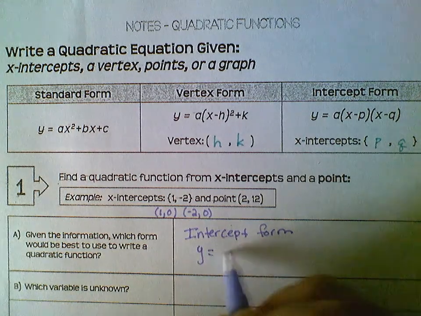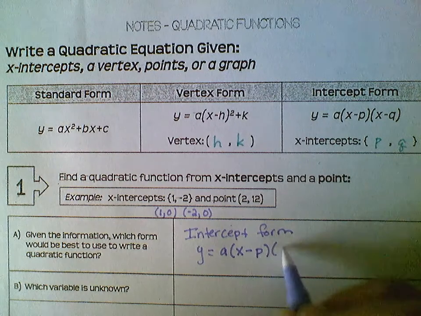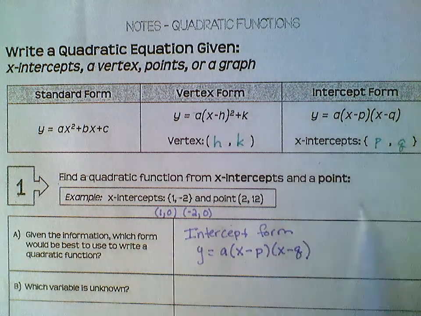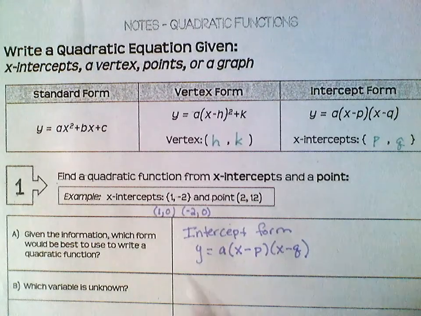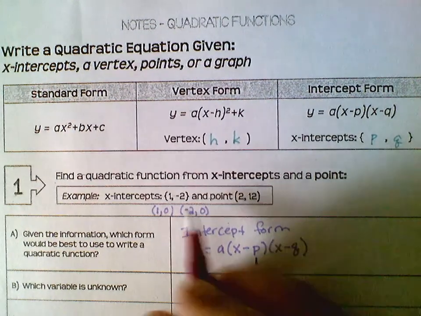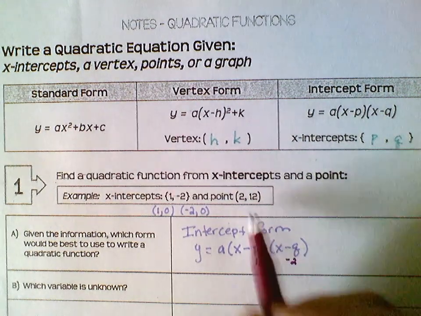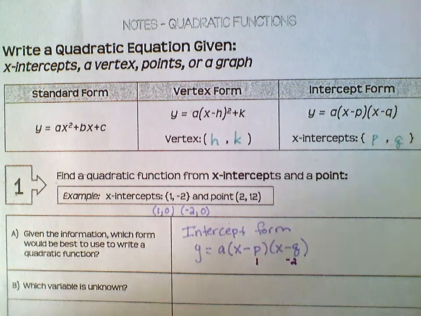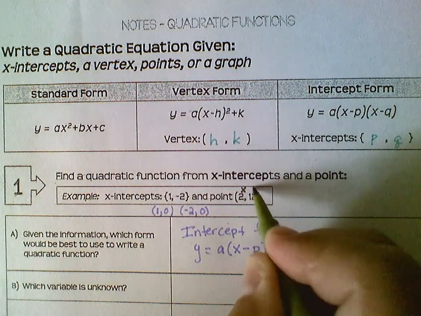So y equals a times (x minus p) times (x minus q). All right, and here's what we have. They gave us an x-intercept of 1 and an x-intercept of negative 2. They also gave us this point, which is our x and y.